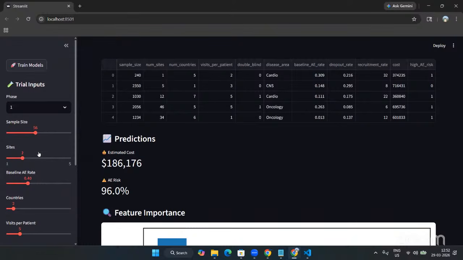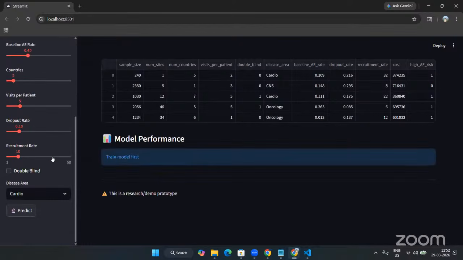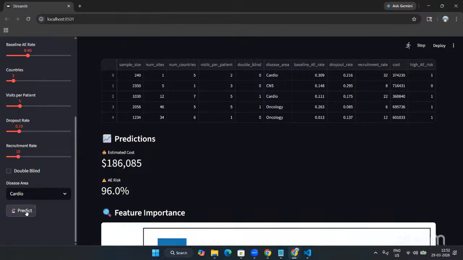So how would increasing the number of sites affect it? Here you can see it is making some change. So logically, I can comment that it is working on this sample data. Probably it is not working in a very realistic way because this is sample data. If we increase the number of sites, obviously the estimated cost would also increase.